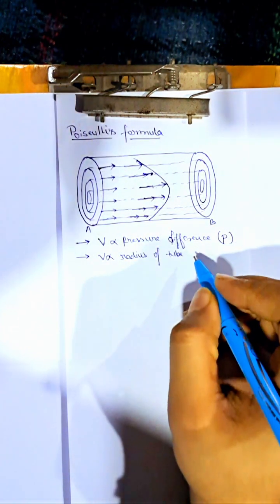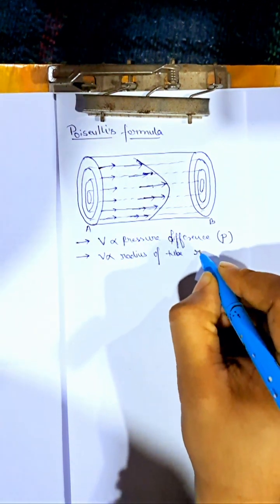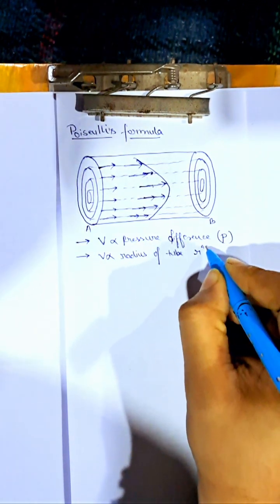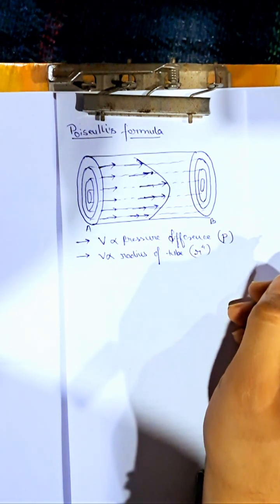So velocity depends on the radius of the tube, let it be r, and this becomes r raised to the power 4.